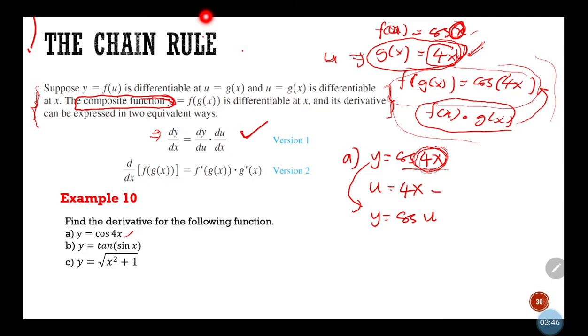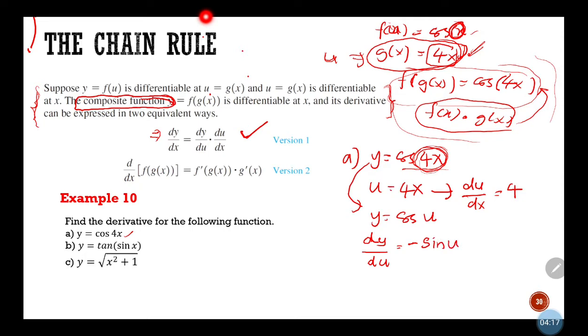So from here, u equals to 4x. So easily we can get du over dx is equals to 4. And then here we have y equals to cos u. So we differentiate y now, no more with respect to x, but with respect to u. So dy over du is equals to apa? Differentiate cos, you will get negative sin u.